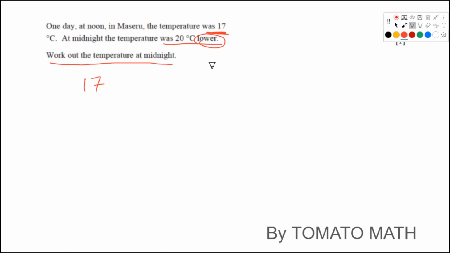So lower means subtract, it is lower by 20 Celsius. So you subtract 20 and you'll get negative 3. So negative 3 is lower than 17 by 20 Celsius. So the answer is negative 3, and don't forget this Celsius.